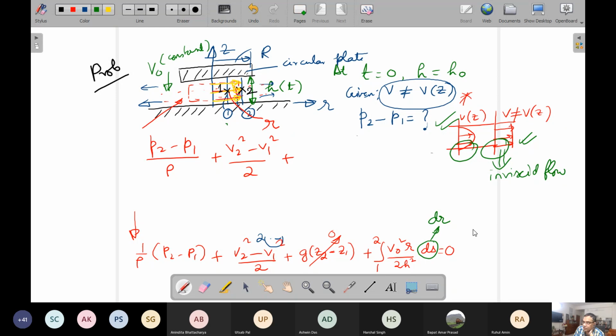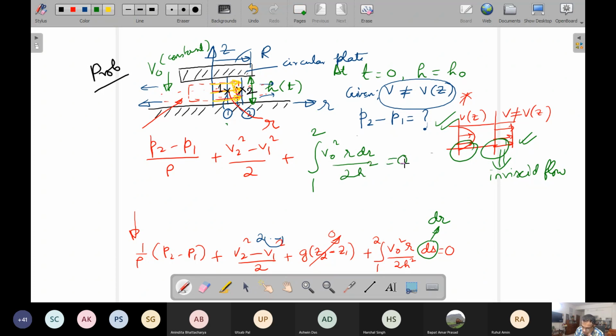So any differential change in S is as good as a differential change in R. Now this is a straightforward integration: V0 square R dr by 2h square.